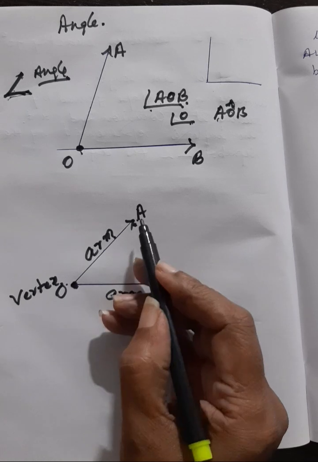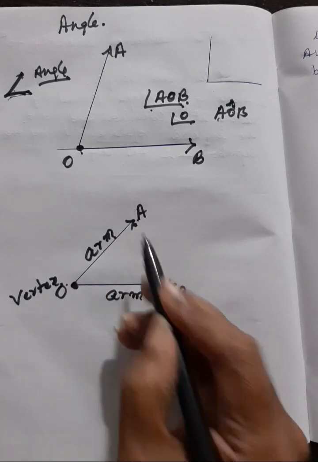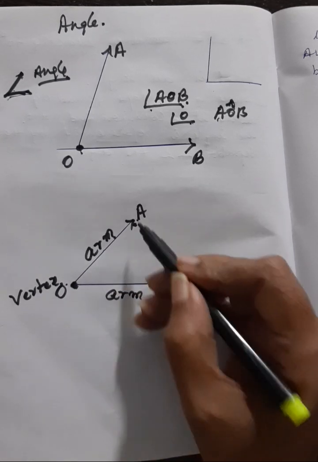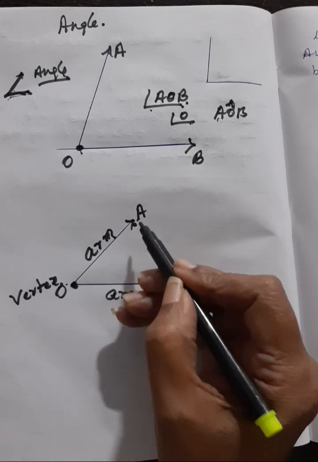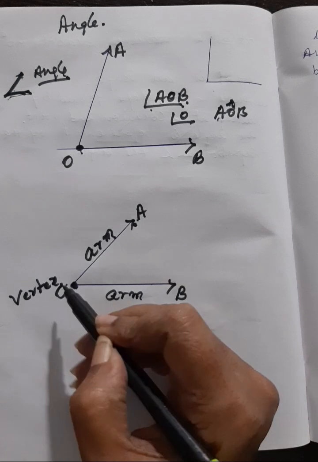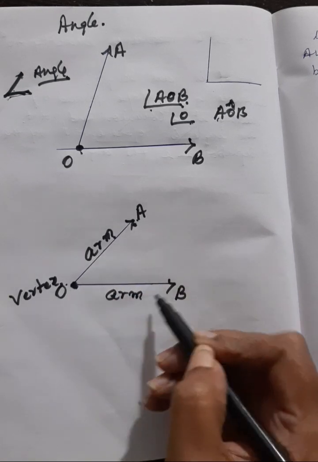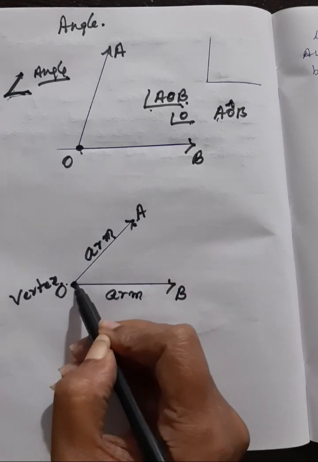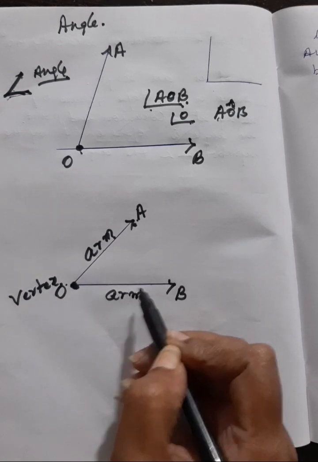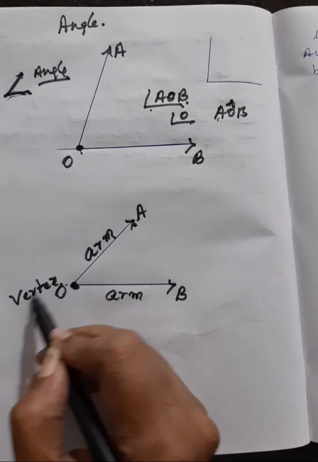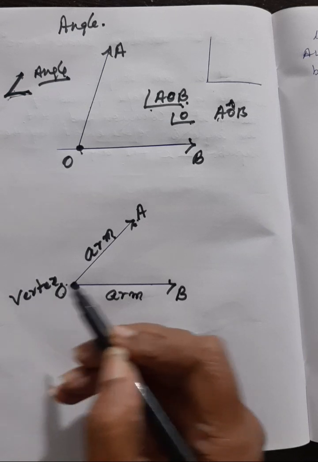So this is an angle AOB. In this, OA is arm, OB is another arm. Then after that, common end point where two rays meet at a point and form an angle, for that we call it as a vertex. Understood?